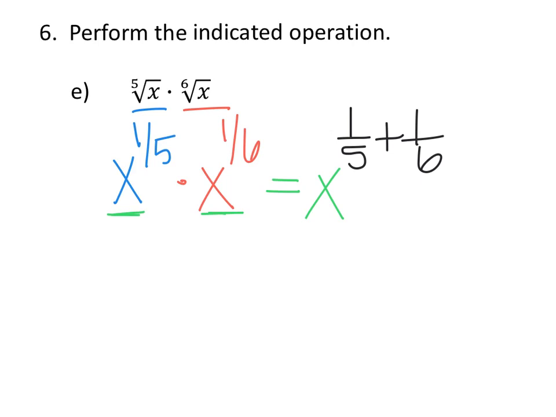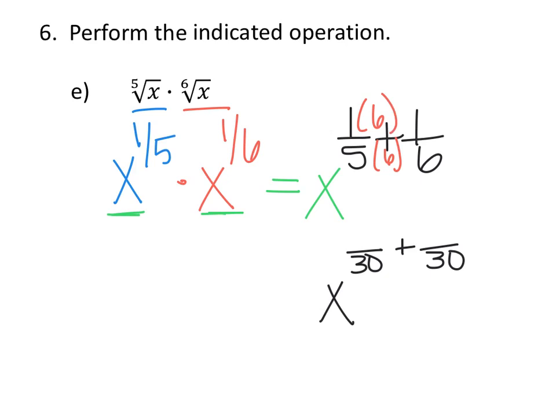And when adding fractions, we need to have common denominators. You can see here the denominators are different. So we need to get common denominators, and let's go with 30. So we're going to get equivalent fractions with the denominator of 30. So 5 times 6 gives me 30.